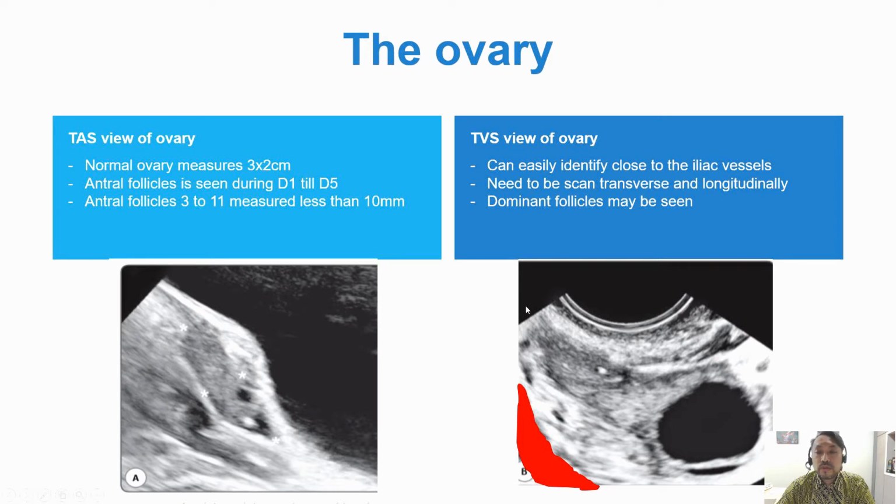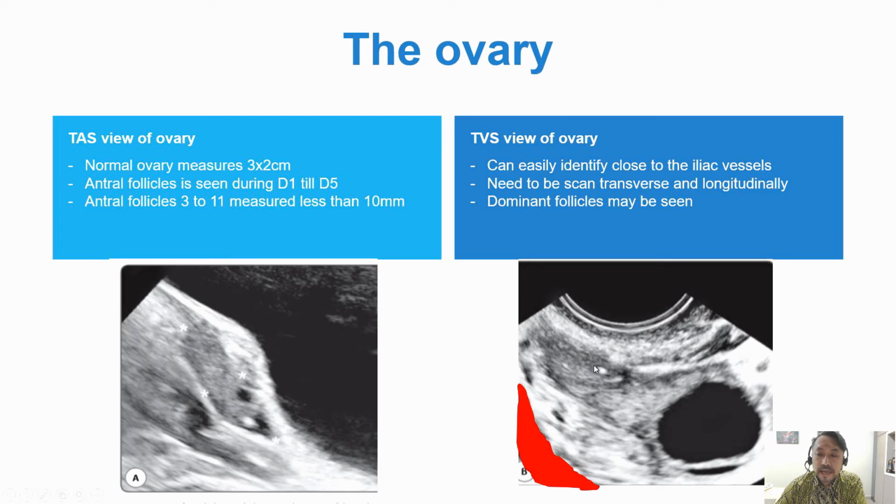Then you're going to do a TVS, transvaginal scan, to get a better view of the ovary. Not everyone can see the ovary by TAS. By TVS you should be able to identify the ovary. Look closely at the site of the iliac vessels. These are the vessels.